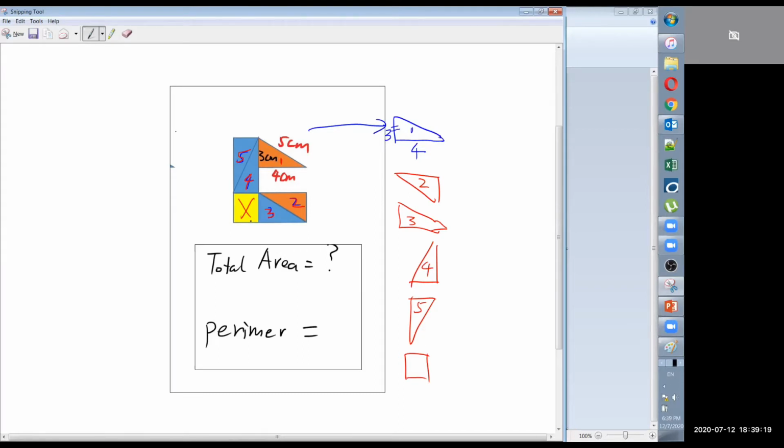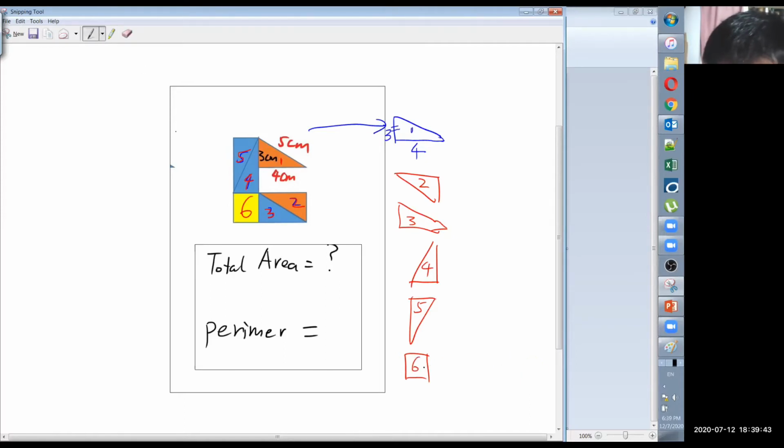What's the name for this? That one's a square. Yes. So this is your shape 6. So it's a square.